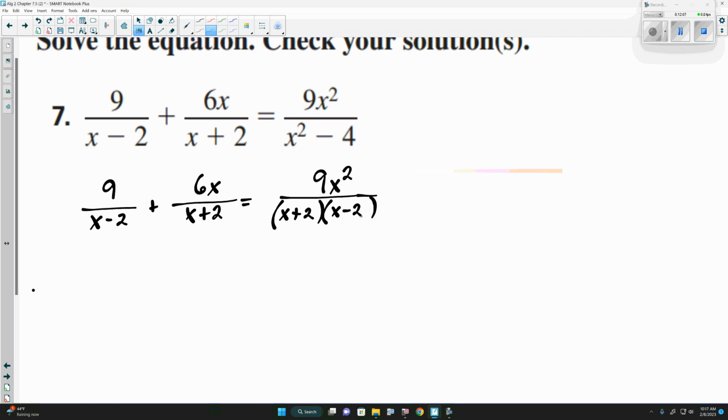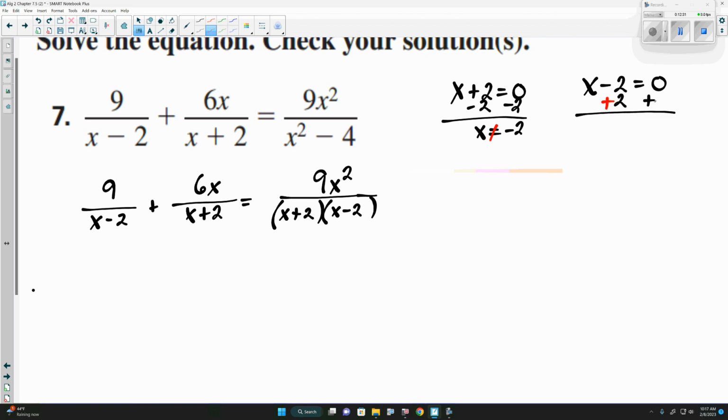Now we do need to find our restrictions. The 2 places where the denominator can't have a value of 0 is with our x plus 2 and x minus 2. Now for the x plus 2, we would subtract 2 from both sides, telling us when x is negative 2, we would have a 0, so it doesn't work.